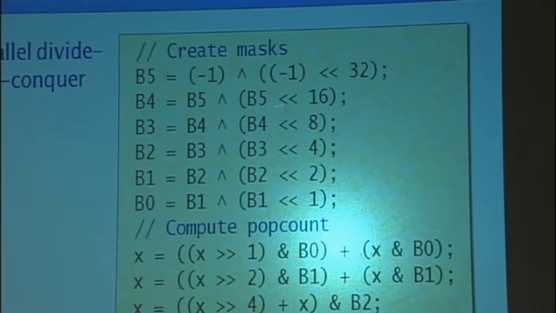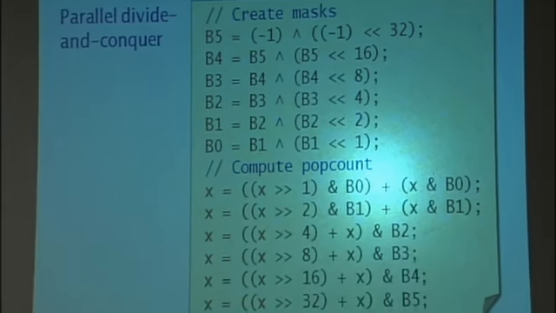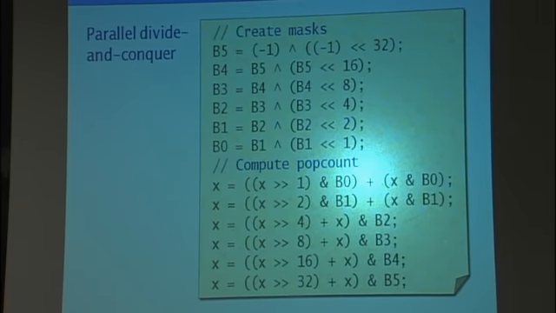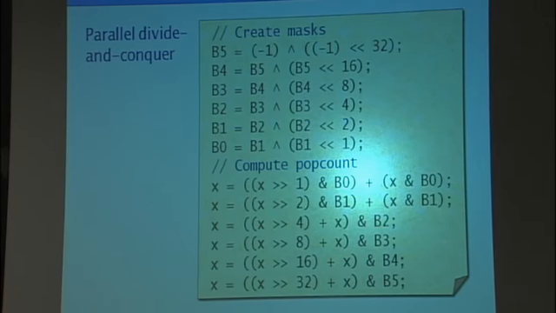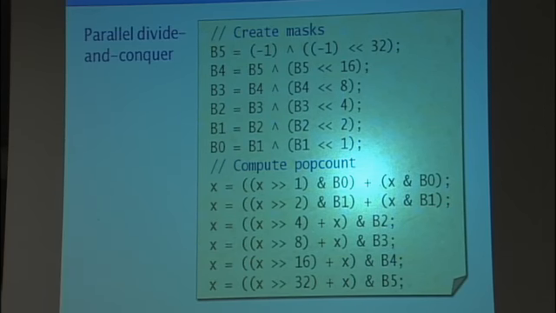But basically, at every step you're shifting over half the word and XORing it. The second one gives you a block of 16 zeros, 16 ones, 16 zeros, 16 ones. The next one you get a block of 8 zeros, 8 ones, 8 zeros, 8 ones. So basically you're generating masks.